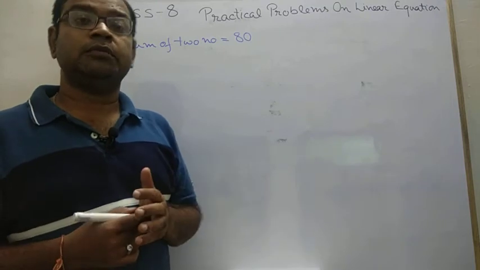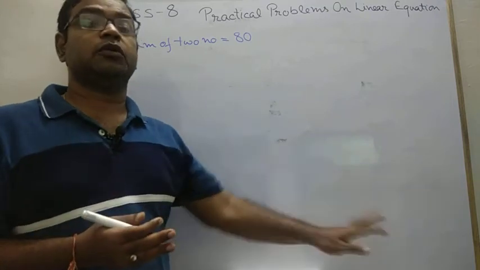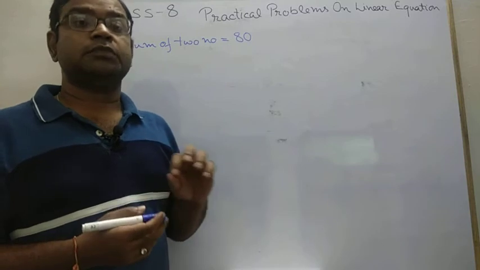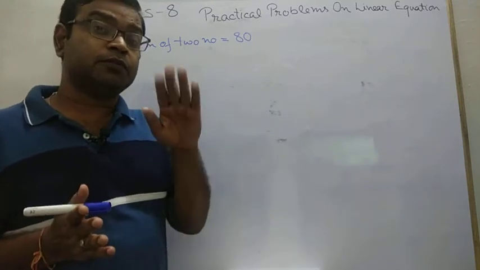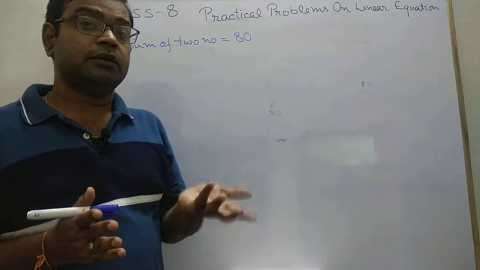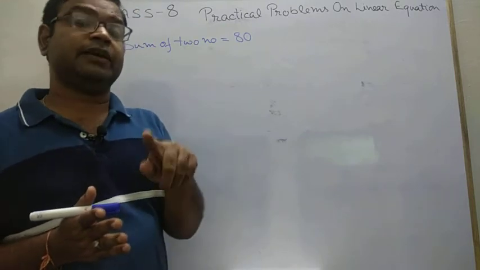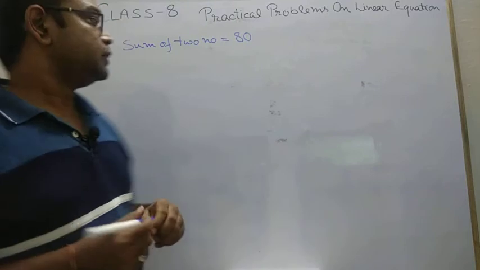Suppose the smaller number is x. Always suppose the smallest part. So what is the larger number? The larger number is 4 times x, exceeded by 5, so 4x plus 5.